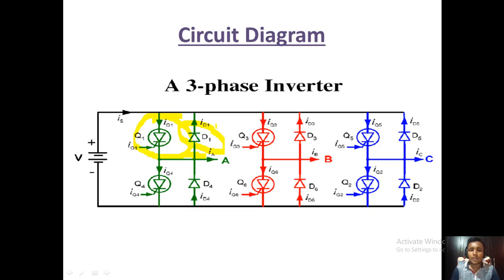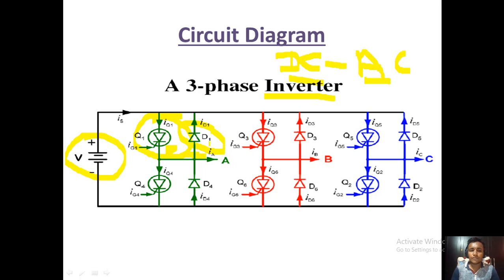A feedback diode is used in an inverter, that means it can be used in DC to AC converters. Inverter means what? It converts a DC supply into an AC supply. So a feedback diode is used in a DC to AC converter across a power semiconductor device to return the stored energy to the DC supply.